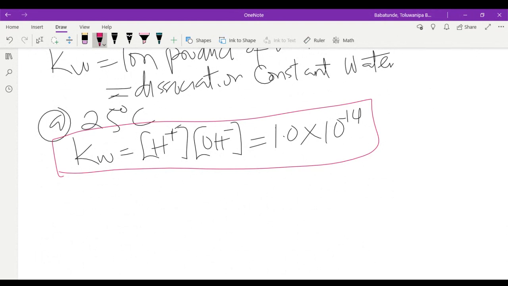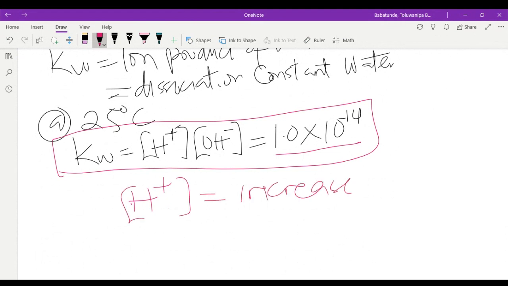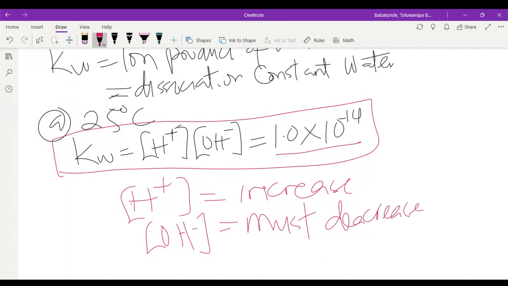As hydrogen ion increases, automatically we expect that hydroxide ion concentration must decrease so that this value can remain constant. We call it the dissociation constant. So if our hydrogen ion increases, our OH must decrease so that this value of Kw can remain constant.